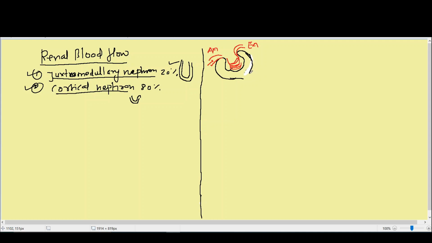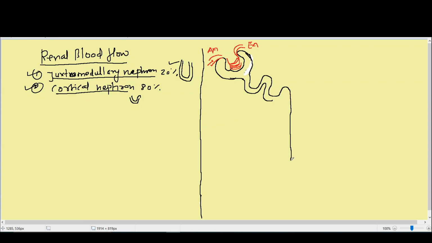Now comes the next point. The Malpighian body then continues into a tubular coiling structure, which is known as the PCT, the proximal convoluted tubule, right?